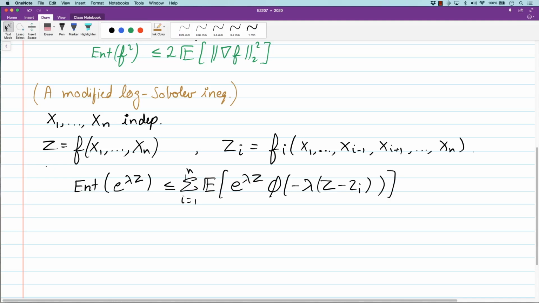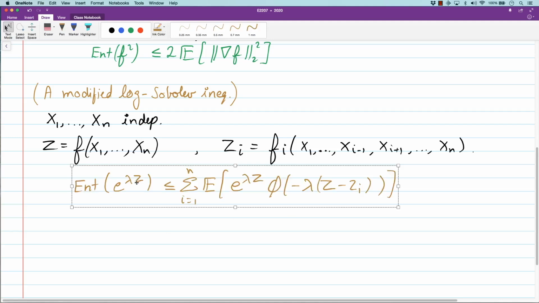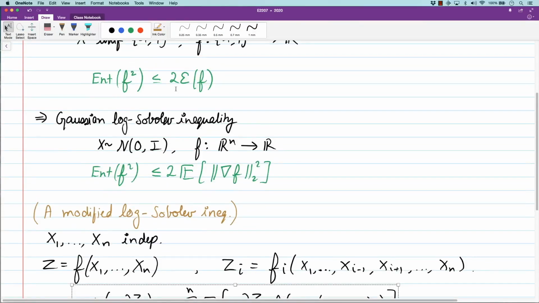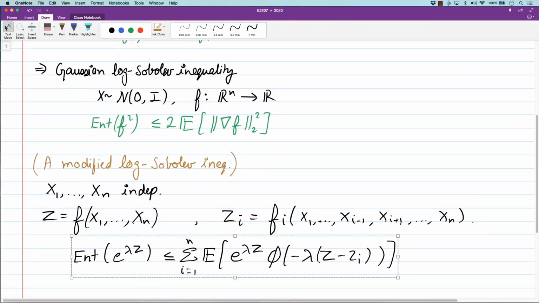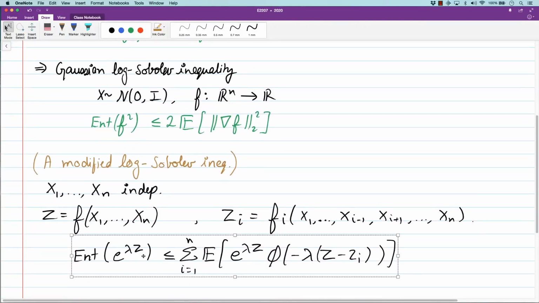This looks a bit like the log-Sobolev inequality, but we are applying it to this function e to the power lambda f. And in fact, if you remember the proofs of concentration bounds from both the binary and Gaussian log-Sobolev inequalities, we did apply them to the function given by e to the power lambda f.